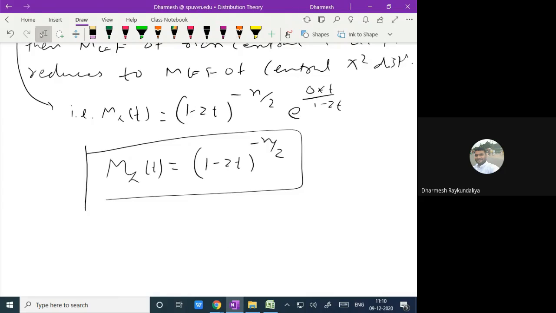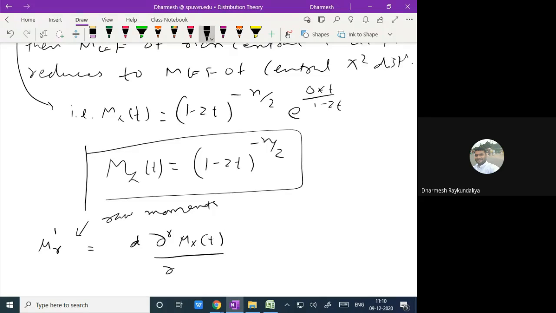Is that clear? Now we know that if we wish to find out the moments, the rth raw moment, this is called the raw moment, is obtained by just taking the rth derivative of the MGF with respect to t raised to r.